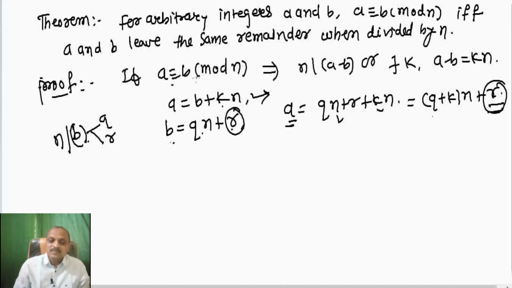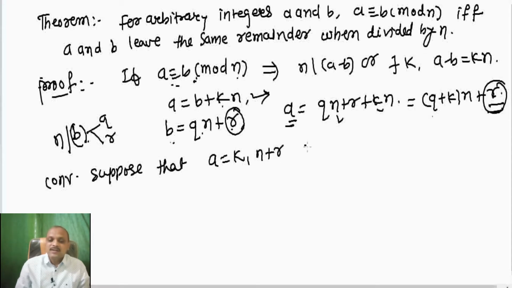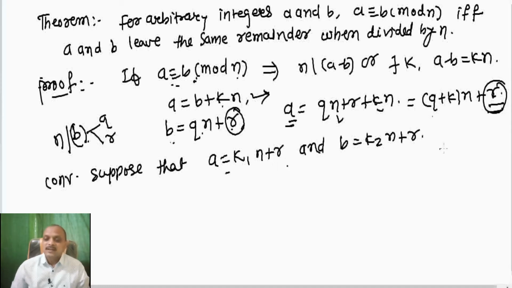So whenever a is congruent to b modulo n, these two numbers leave the same remainder. Now conversely, suppose that a equals k1 n plus r and b equals k2 n plus r. That means a and b give us the same remainder.